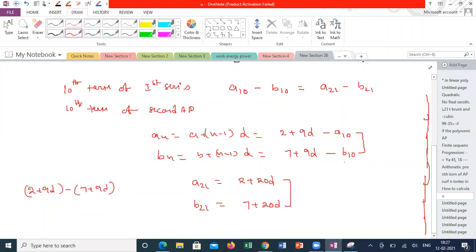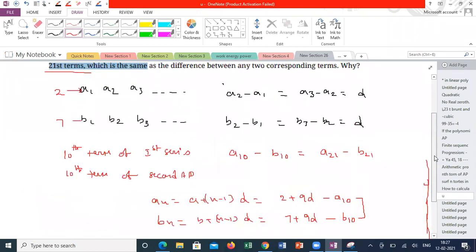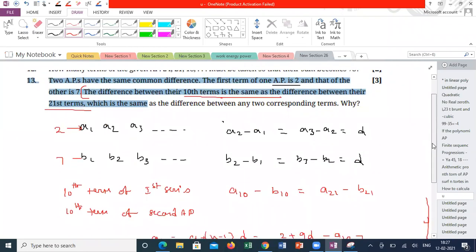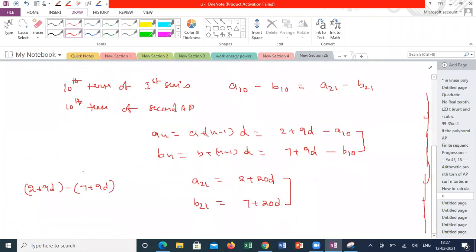So what is he asking? He's asking us to calculate what finally? The difference, sir. It is the same as the difference between any two corresponding terms. Here also I am getting 2 plus 20d minus 7 plus 20d. So 20d cancels. Here I am getting minus 5. Here also I am getting minus 5.